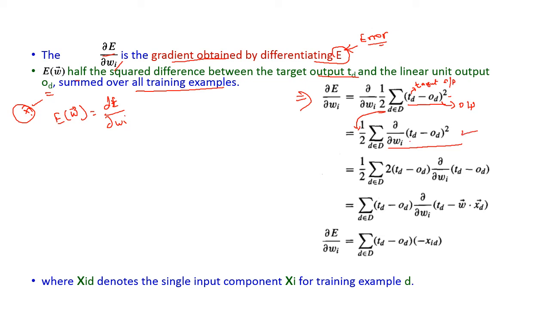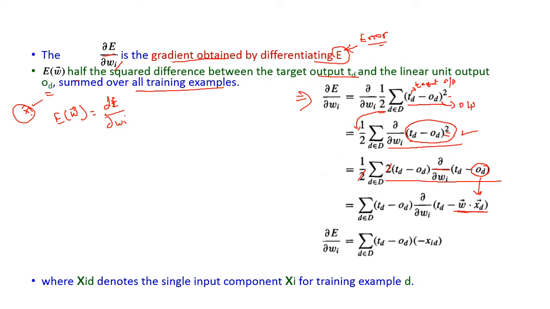Now we differentiate this and get 2 times (TD minus OD) times the differentiation of (TD minus OD) with respect to Wi, because of the square. Then we cancel this 2 and this 2, and we know what OD is here. This OD is nothing but the weight times the input, so its output corresponds to the input.